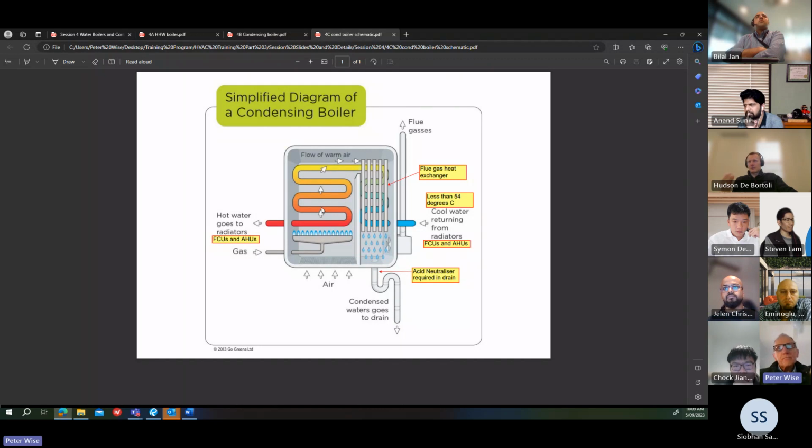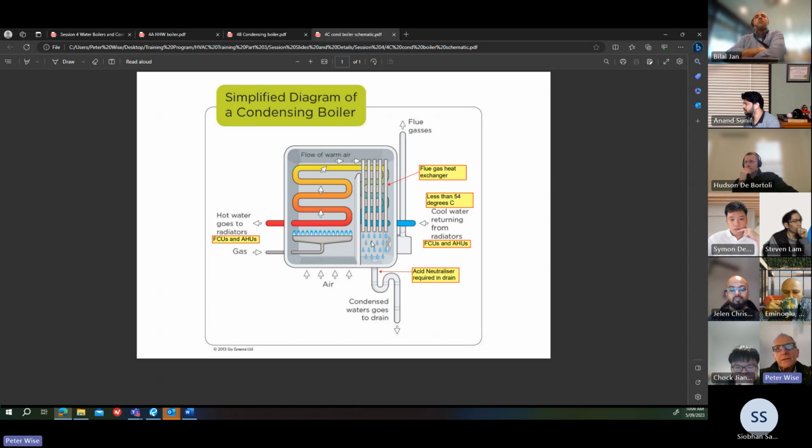So the hot gases heat up the hot water, and then it goes through another heat exchanger where this condensation process occurs. Because if this water is below 54 degrees, the water vapour in the flue gas will be condensed. That's just a fact of nature. That's how it works at that temperature.